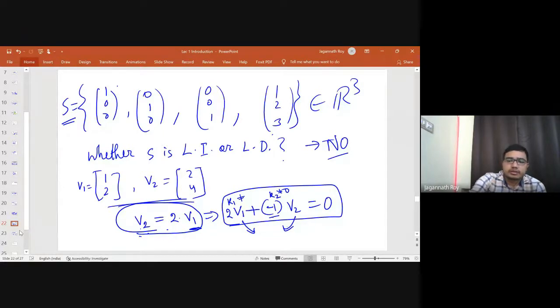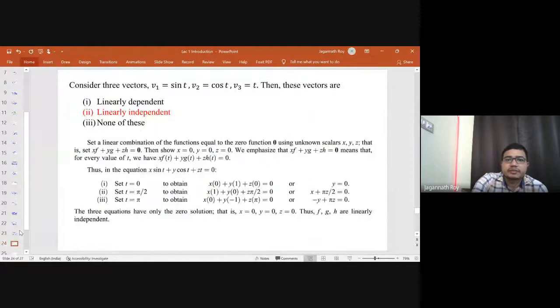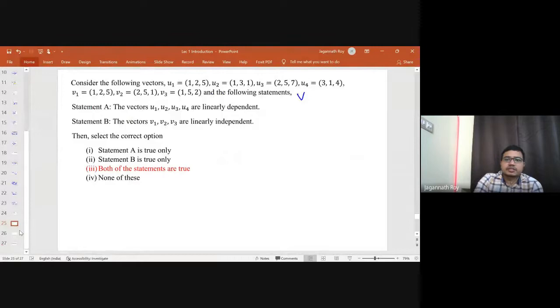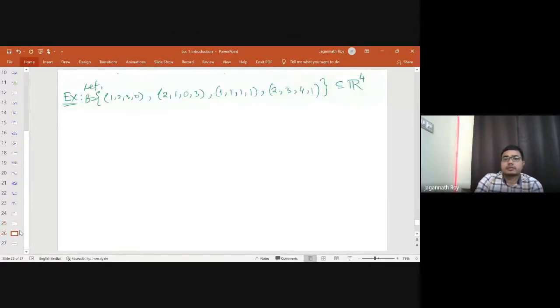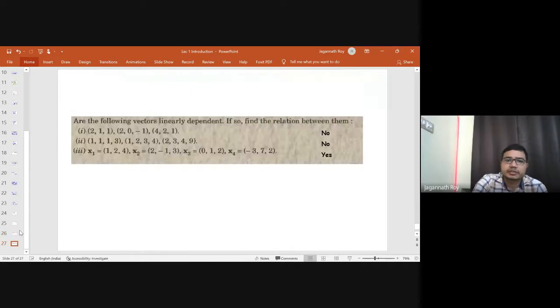Now it is your task to verify whether these results are correct or not. Also verify whether they are linearly independent or dependent.